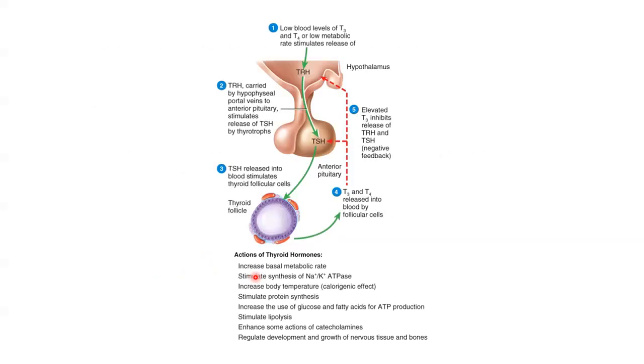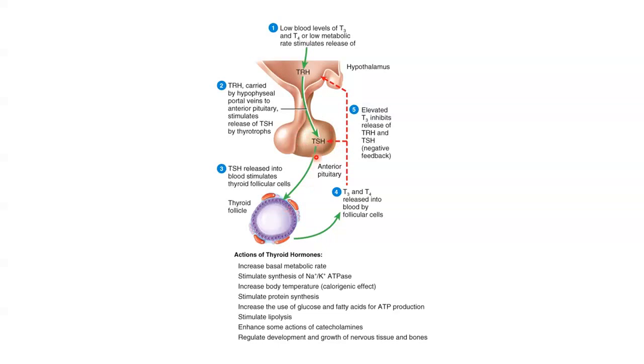So looking at that process of regulation again, please don't feel like you need to memorize each of these images. It's just to show you how all of these processes work and how they interact. So we have low levels of our thyroid hormones, T3 and T4. That stimulates the release of thyroid releasing hormone from the hypothalamus. That acts on our anterior pituitary to release more thyroid stimulating hormone.